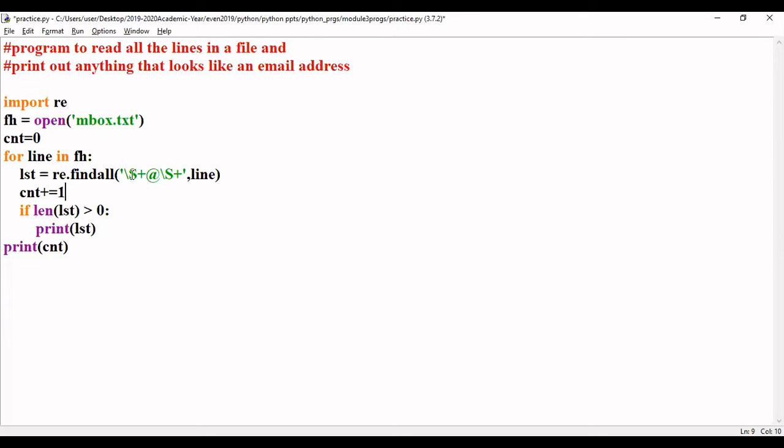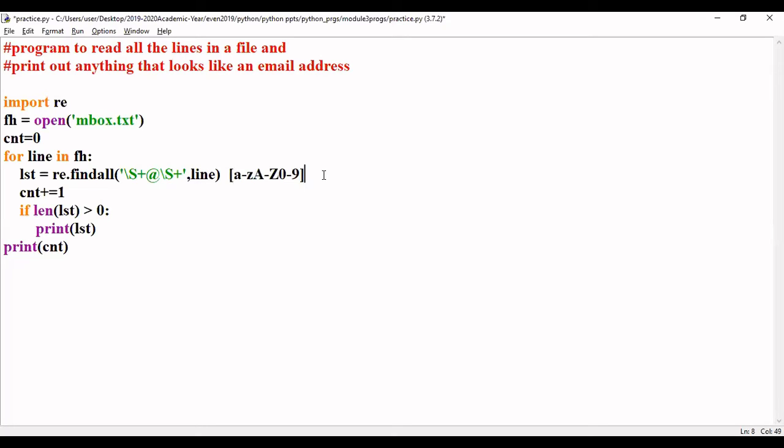Now, before the non-whitespace characters, what are we supposed to include? It can have lowercase letters. We saw in mbox.txt, we also saw capital letters, A to Z. Also, we saw 0 to 9. Some email addresses are starting from numbers.